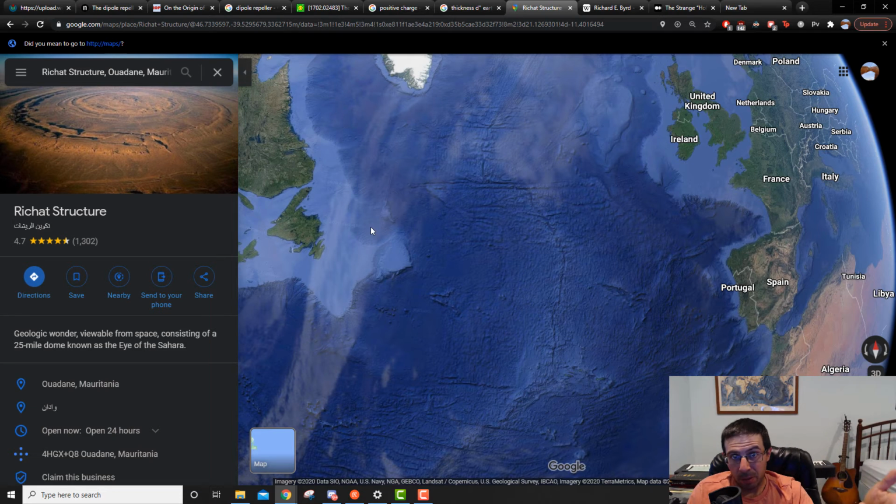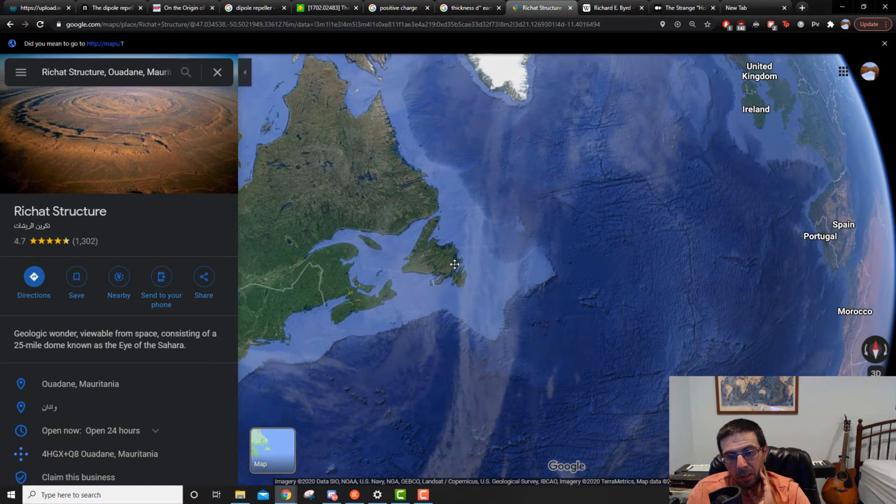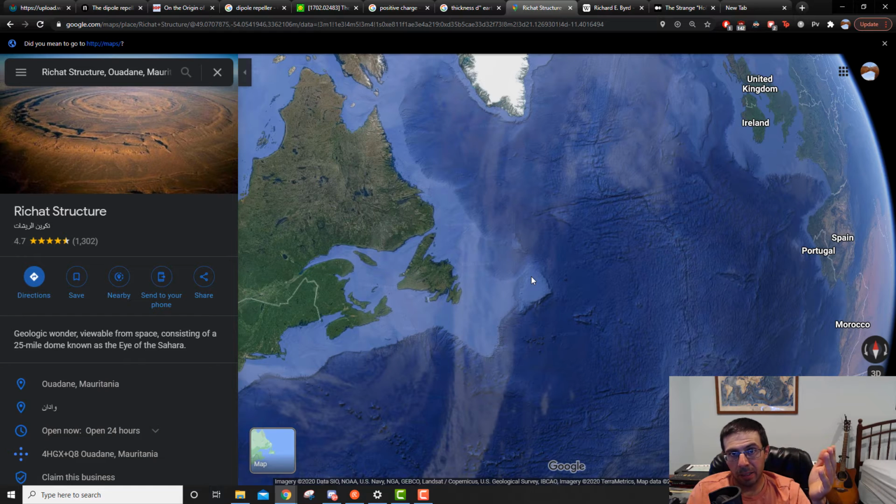It's exceptionally rough there. It's a popular fishing region, but it's also highly dangerous to fish there because the water is so rough. So exploring the ocean floor there, people just don't do it that much.